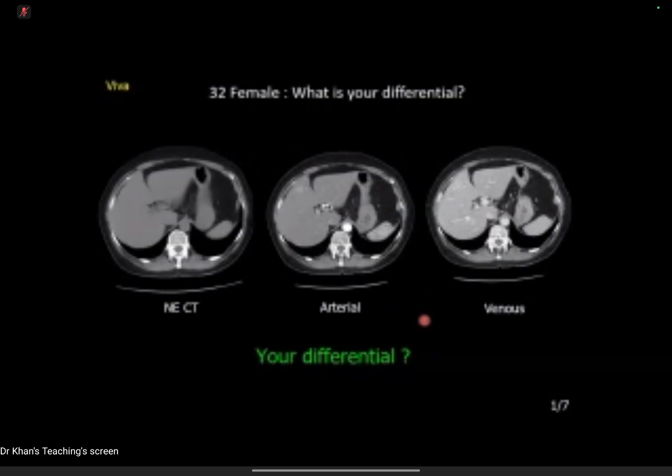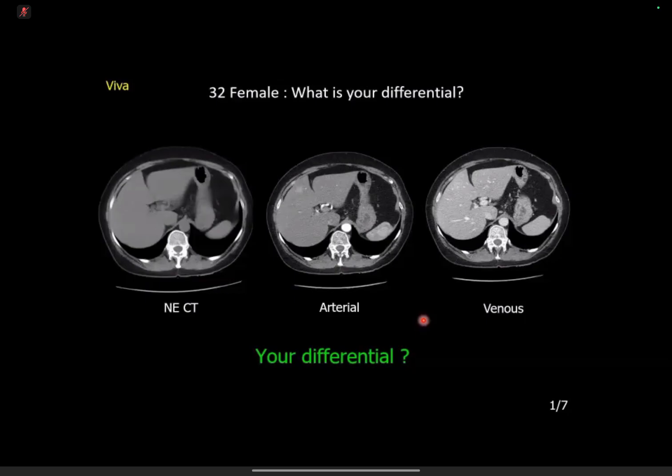So I'm thinking whether this is a hemangioma, because it takes up contrast on the arterial phase and then gives it back on the venous. The other thing I was thinking, because sometimes METs fill in and then wash in and wash out quite quickly, but I'm not convinced this looks like a MET.